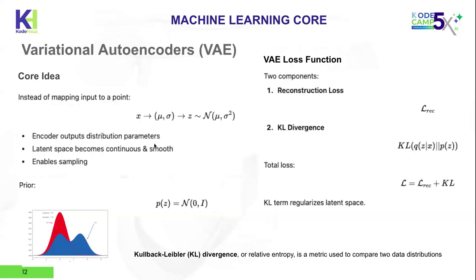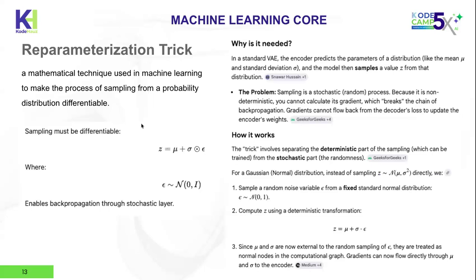So the main issue is that when you're doing this variational autoencoder, you are sampling randomly in the latent space, right? To be able to do your decoding. Now, because you're sampling randomly from the probability distribution, that action is not differentiable.